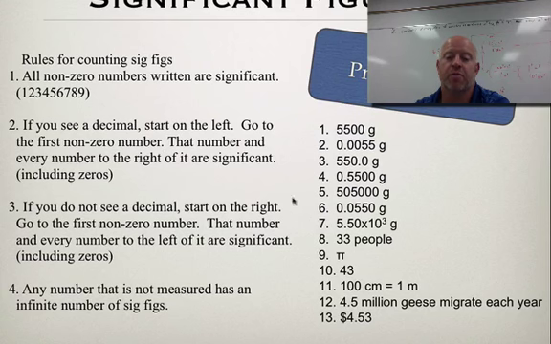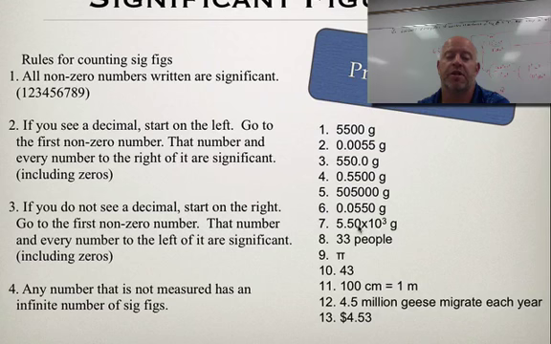Following the same rules, we see a decimal, we start on the left-hand side, and we work our way over. With scientific notation, it's always going to be whatever non-zero is up here in front of that decimal. That's going to start our measurement, and everything over to the right is significant. The beauty of scientific notation is you always have significant figures or measured values in your numbers.